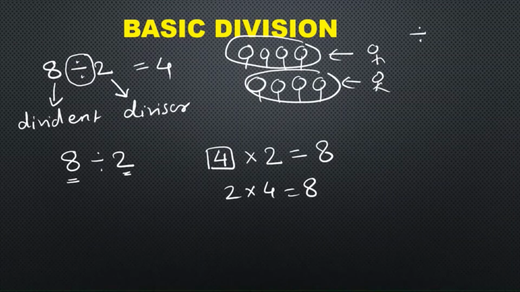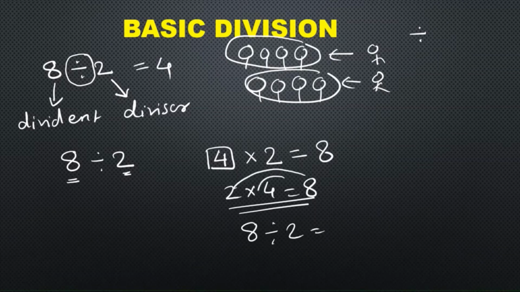So 8 is multiple of 2, means we can divide this 8 in 2 groups equally. So as we know, 2 times 4 is 8, so 8 divided by 2 equals 4.